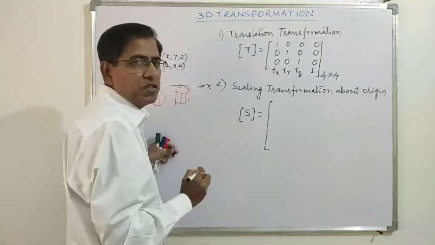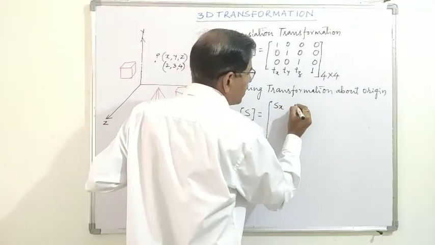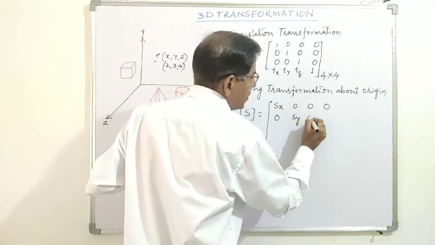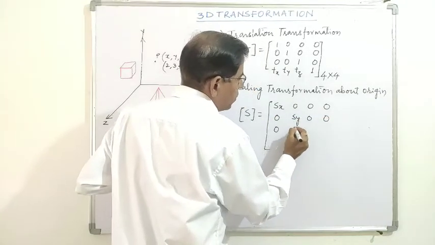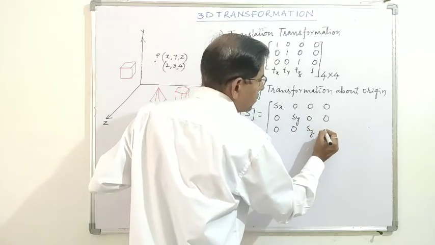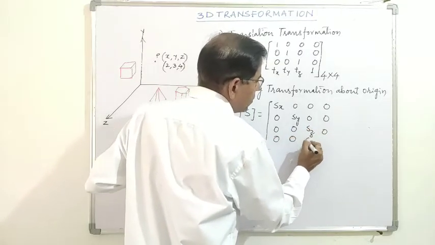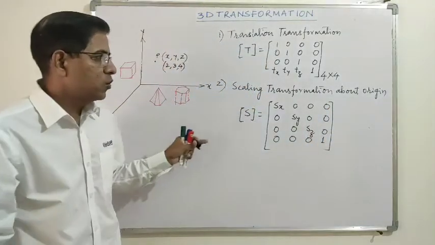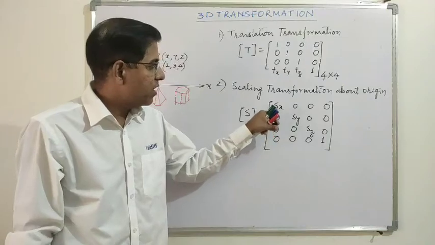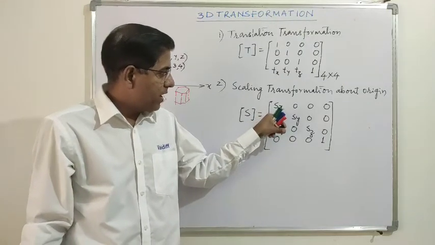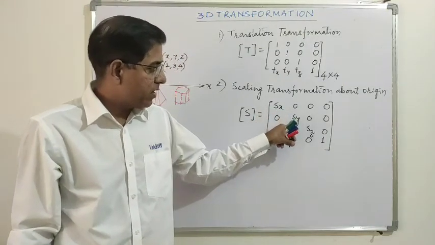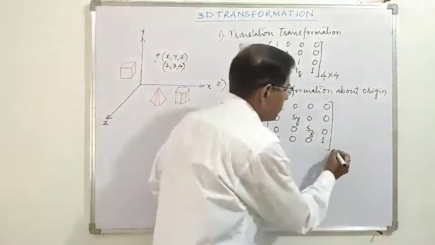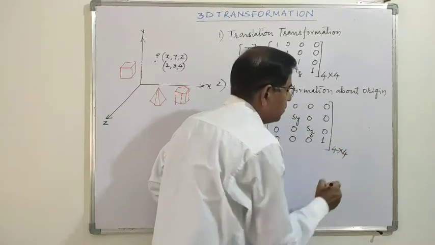So scaling transformation is given by Sx 0 0 0, 0 Sy 0 0, 0 0 Sz 0, 0 0 0 1. Okay. So this is scaling transformation where Sx is scaling factor along x direction, Sy along y direction, and Sz along z direction. Okay, and the size of this matrix is 4 by 4.